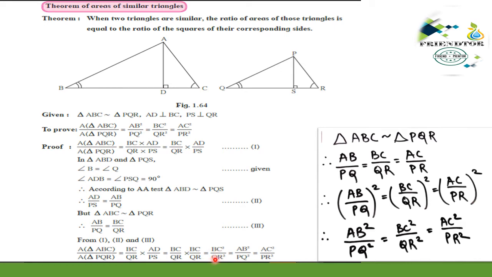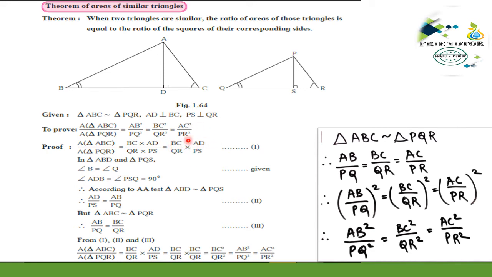Okay, so as I said, once the area ratio is equal to one of the ratios, the rest will follow, because all those ratios are equal, so the square also will be equal. Simple. So what we do, first we write areas of these triangles as base into height formula. Half will get cancelled, so just base into height remains, correct? Then one part of it is what we require, the other part also we try to match to the first part.